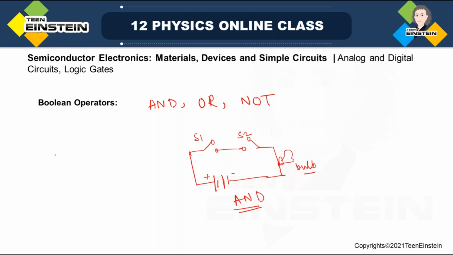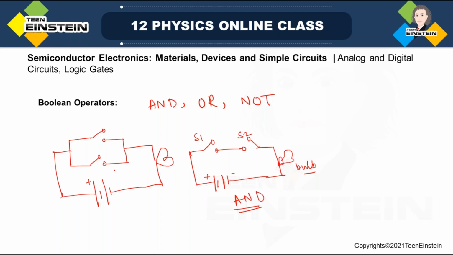I can show you the OR operation also. In that case, the switches are in parallel. There are two switches parallel to each other, and with these parallel switches there is a bulb connected in series. This is the battery, connected like this.